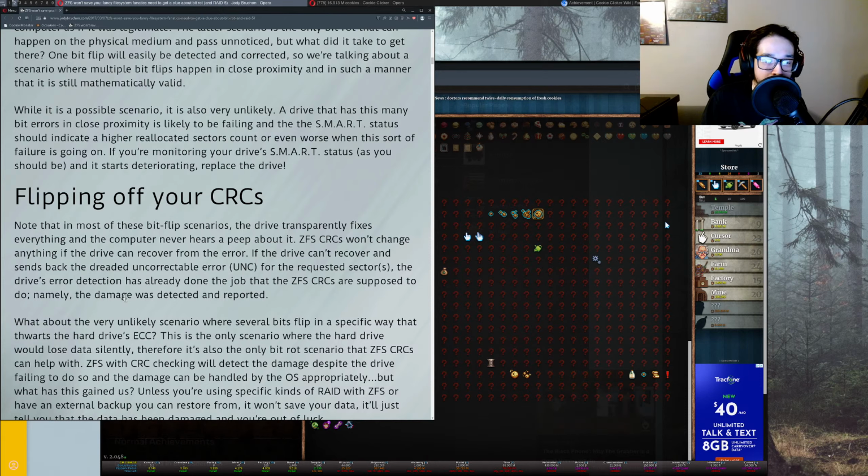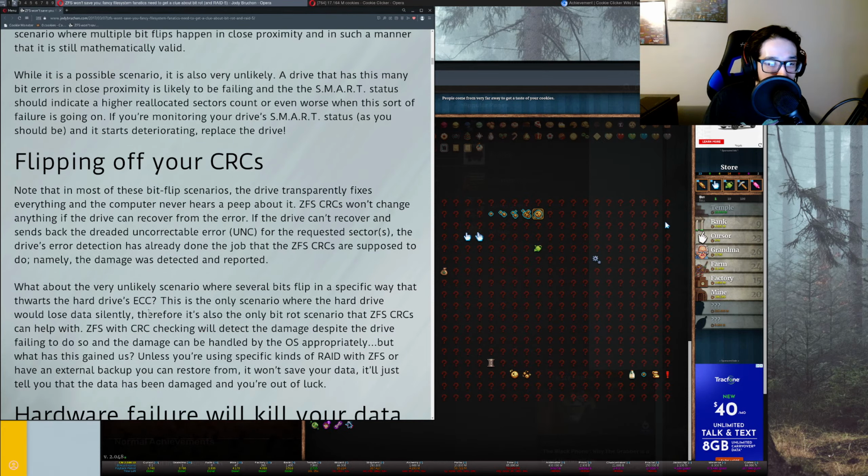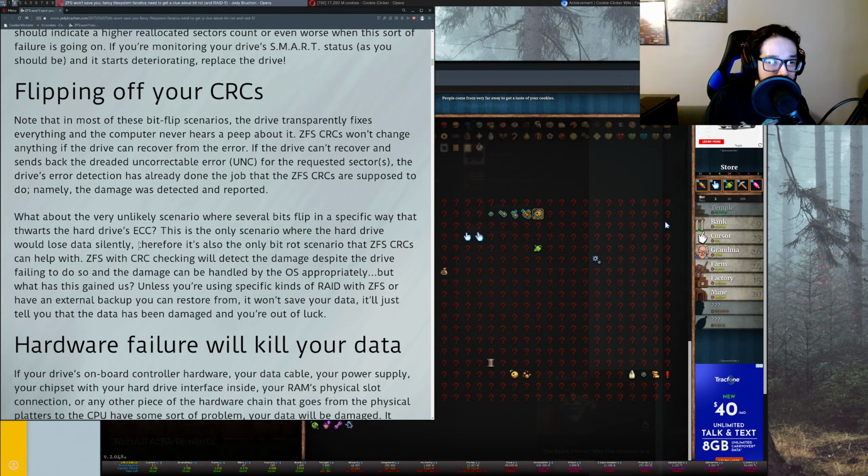Namely, the damage was detected and reported. What about the very likely scenario where several bits flip in a specific way that thwarts a hard drive's ECC? This is the only scenario where the hard drive would silently lose data. Therefore, it is also the only bit rot scenario that ZFS CRCs can help with.